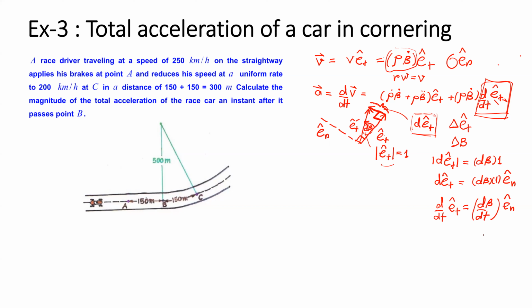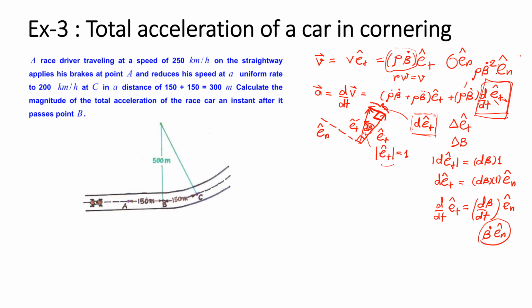And yeah, it'd be the beta dot in the direction of en to here. So in this term, we're gonna get the rho beta dot square in the direction of en. Yeah, please try to understand this.